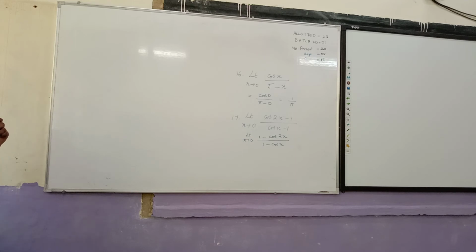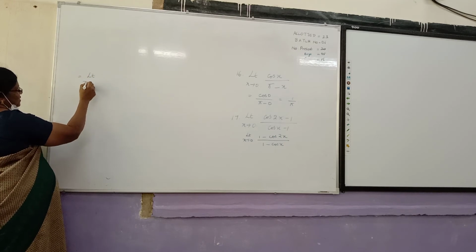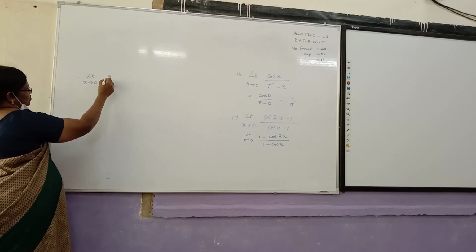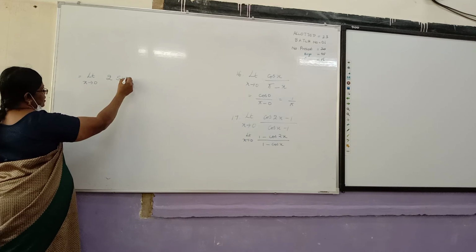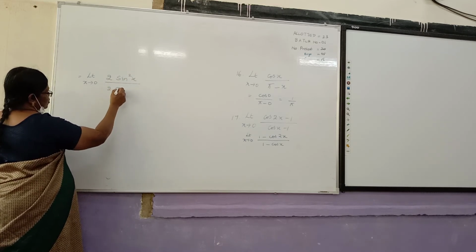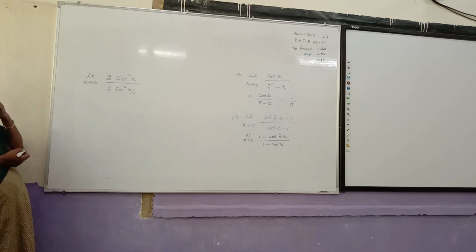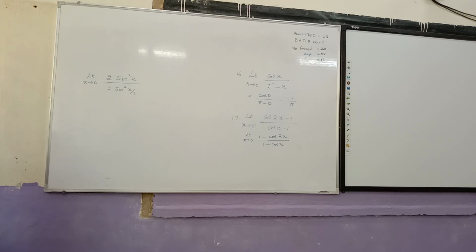Trigonometry we are going to study. What is 1 minus cos 2x? What is 1 minus cos 2x? It is 2 sin squared x. So 1 minus cos x is 2 sin squared x by 2. One is sin squared x, next is sin squared x by 2.